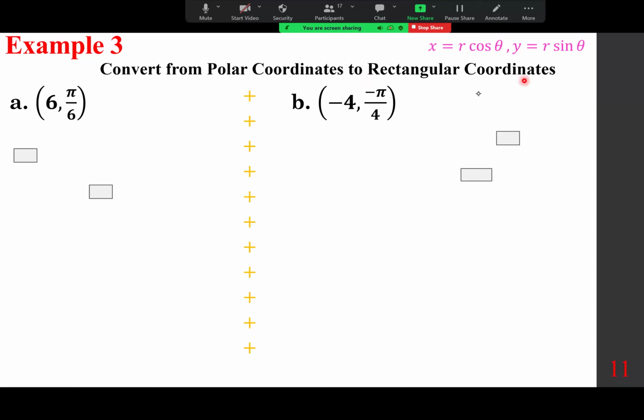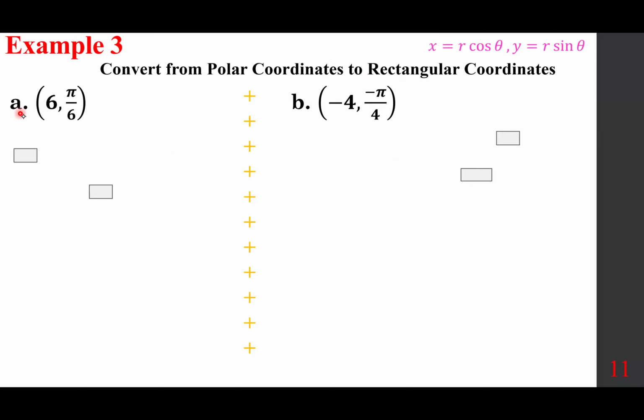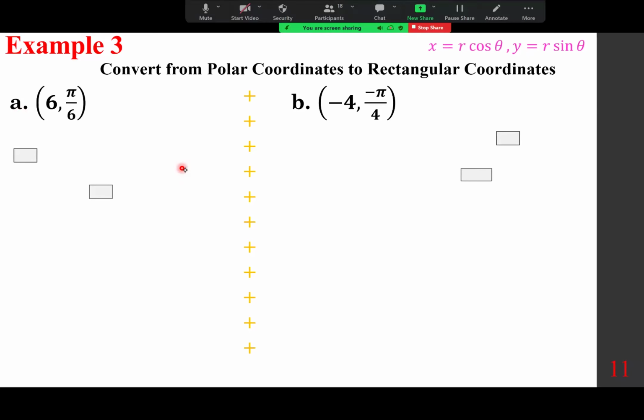Convert from polar coordinates to rectangular coordinates, 6 comma pi over 6. So we put the rectangular coordinate system and a polar grid together. So we have the x and y axis. We make up the angle of pi over 6 and we go 6 tick marks.